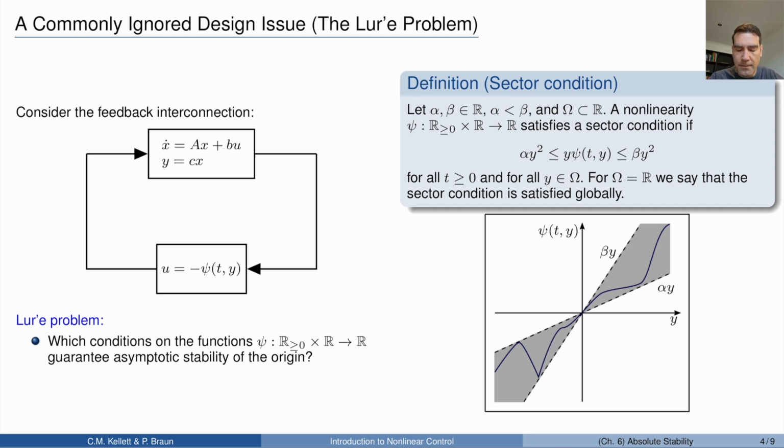We say a nonlinearity, so a potentially unknown function phi, satisfies a sector condition if we can define parameters alpha and beta, alpha strictly smaller than beta, on a domain, so that our nonlinear function lies within this sector here.